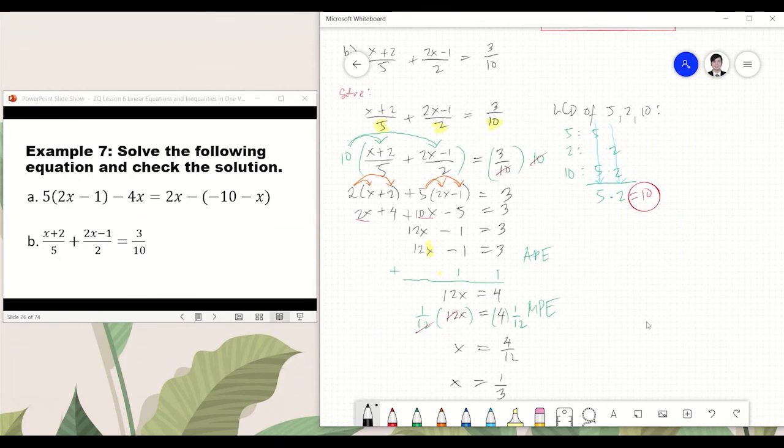Now, we still have to double check if x is really a 1/3. So, double check natin. Okay.